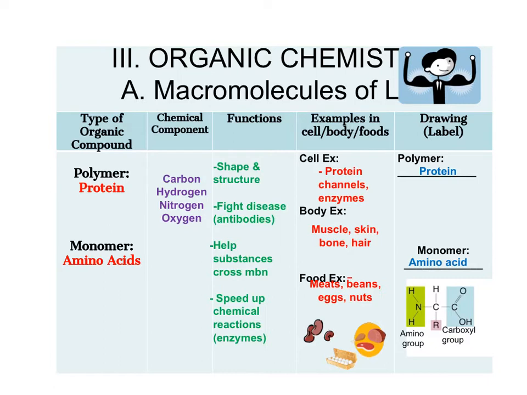Now, moving on to lipids. What are the monomers, or the smaller units, which, when you put them together, form lipids? See if you remember. That's right. The monomers which make up lipids are fatty acids and glycerol. And what, in my notes, was the most important function of lipids?